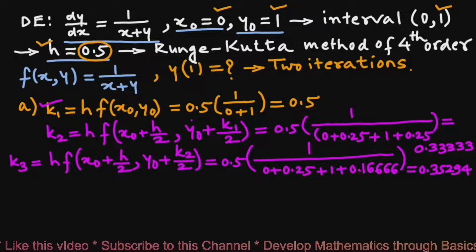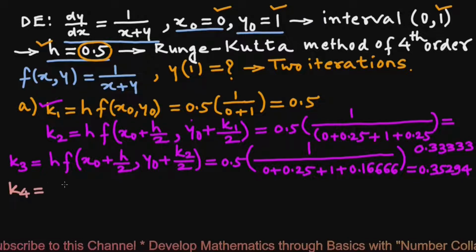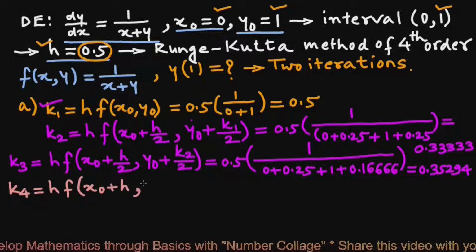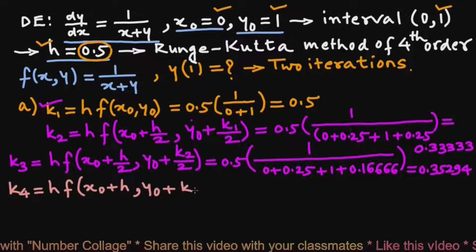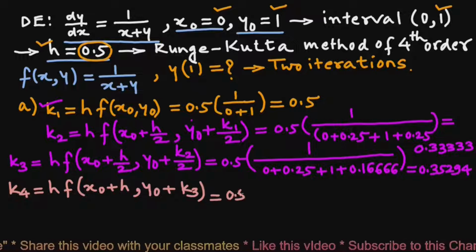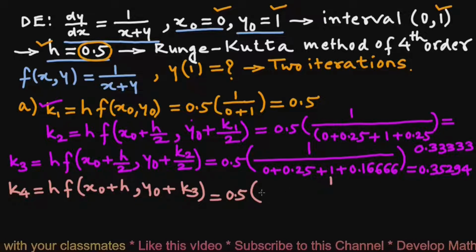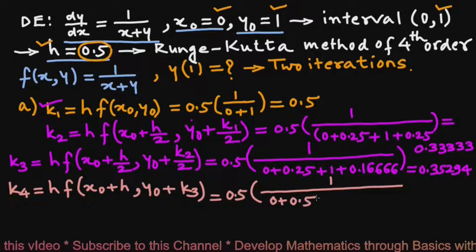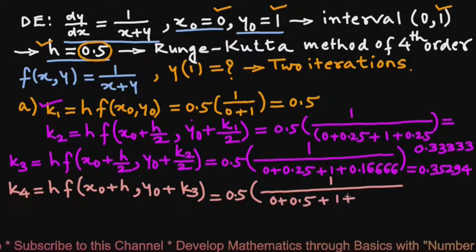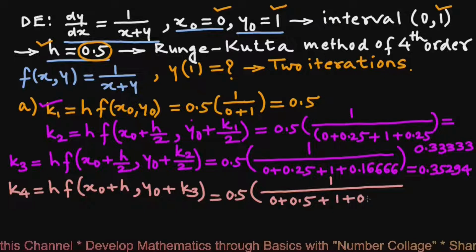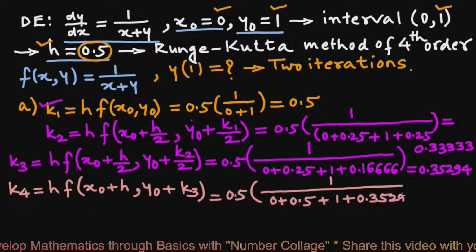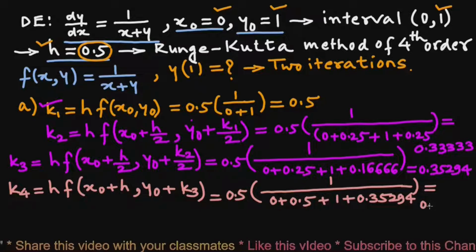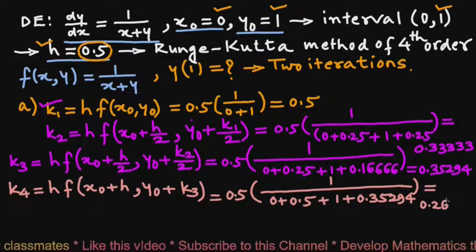And finally we will find k4, which is h times f of (x0 plus h, y0 plus k3). So that will be 0.5 multiplied by 1 upon 0 plus h is 0.5, plus y0 is 1, plus k3 is 0.35294. So that gives k4 equals 0.2698.